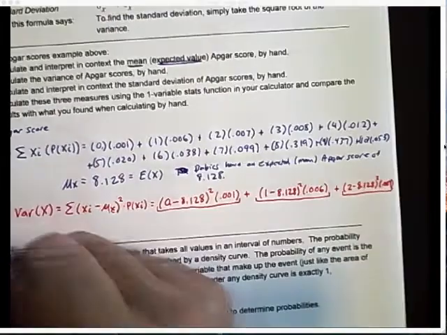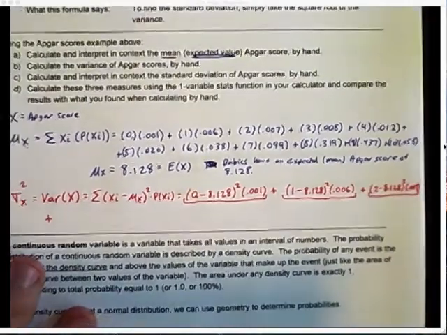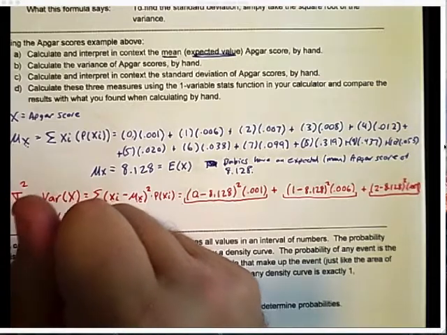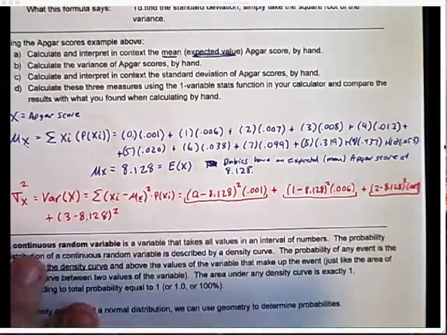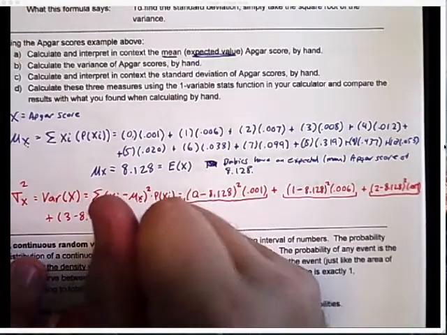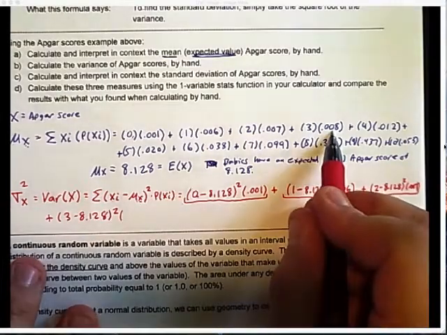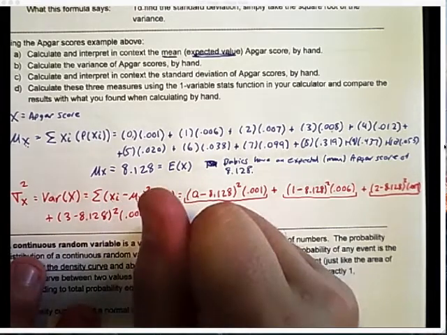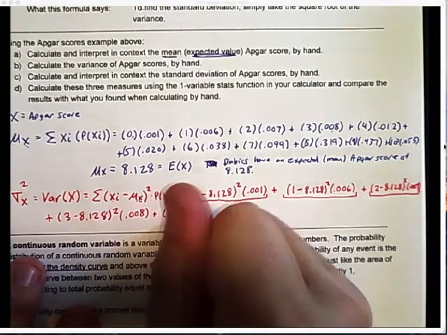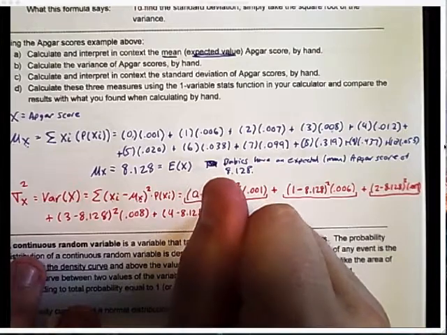All right, plus 3 minus 8.128 squared times 0.008. Plus 4 minus 8.128 squared.